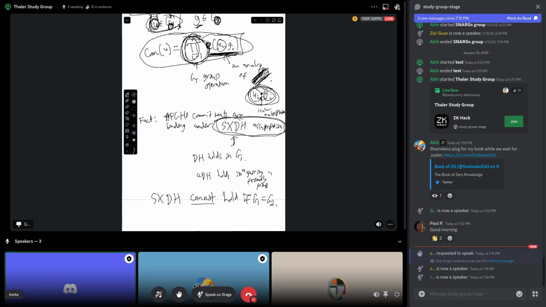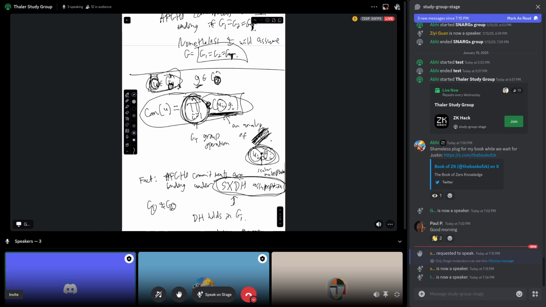We do think the Diffie-Hellman assumption holds in these pairing-friendly groups. But that can only be the case if G1 and G2 are not the same group. Nonetheless, as I present Dory today, I don't want to keep track of what's in G1 and what's in G2, so I'm going to pretend that they are the same group. Okay. Questions?